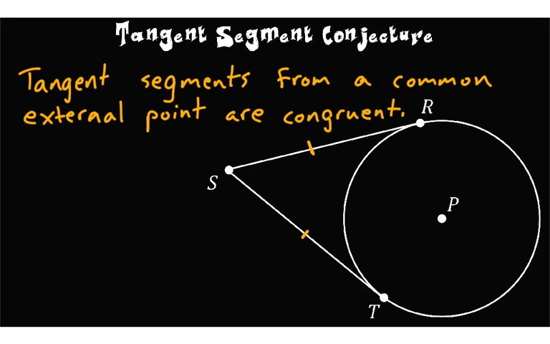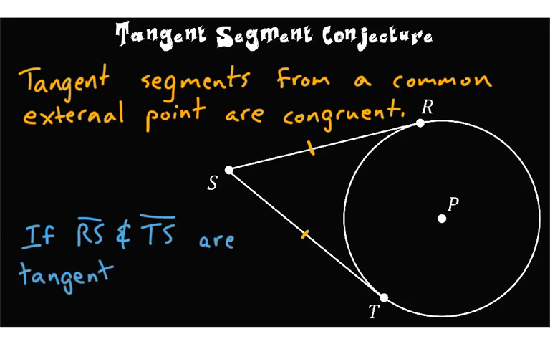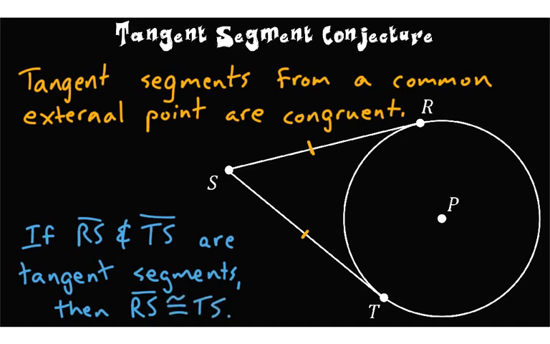So in this case, another way of thinking about this conjecture in this particular circle is if segment RS and segment TS are tangent segments, then segment RS is congruent to segment TS. That's the conjecture.